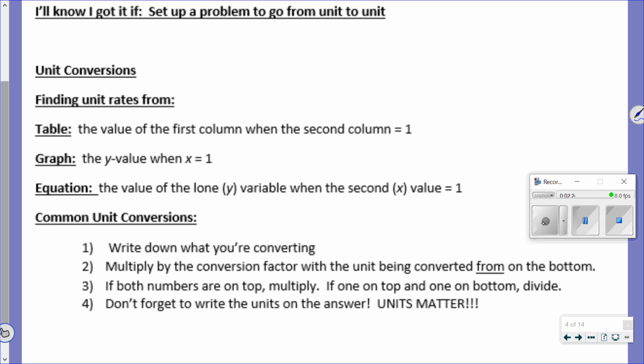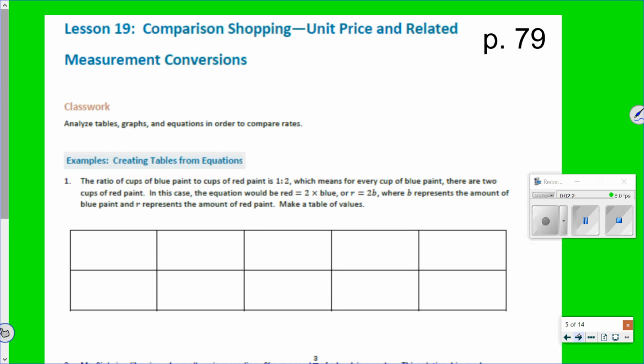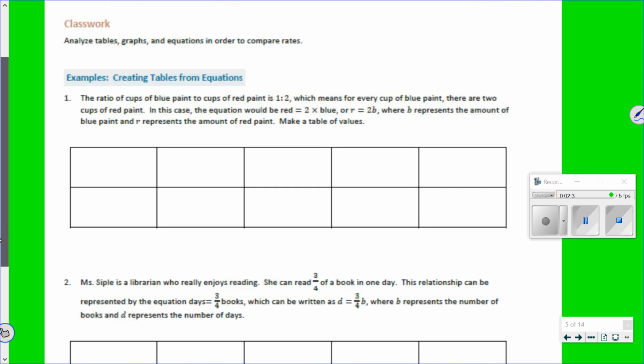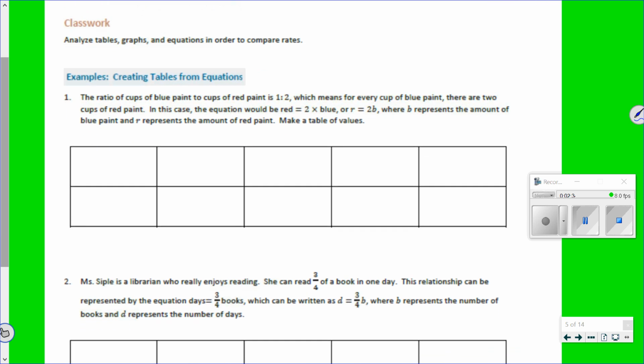Okay, let's go ahead and open up your modules to page 79. On this one, we're going to analyze the tables and graphs. Our first one has a ratio of the cups of blue paint to cups of red paint of 1 to 2, which means for every cup of blue, there are 2 cups of red.